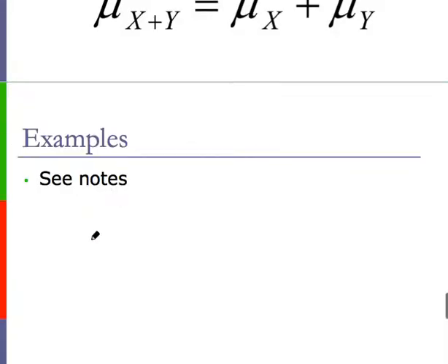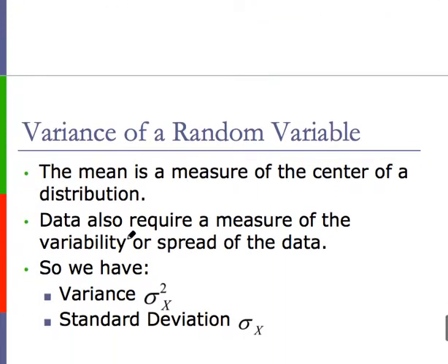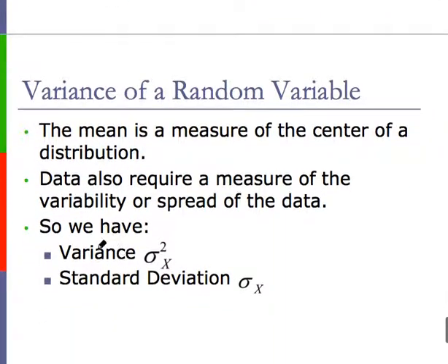Okay, back to the PowerPoint. Two more concepts we're going to talk about with the random variable: variance and standard deviation. We touched upon variance a little bit way long ago, and we spent a lot of time talking about standard deviation. Remember that the mean is a measure of center, and the data also require a measure of the variability, or how much the data is spread out.